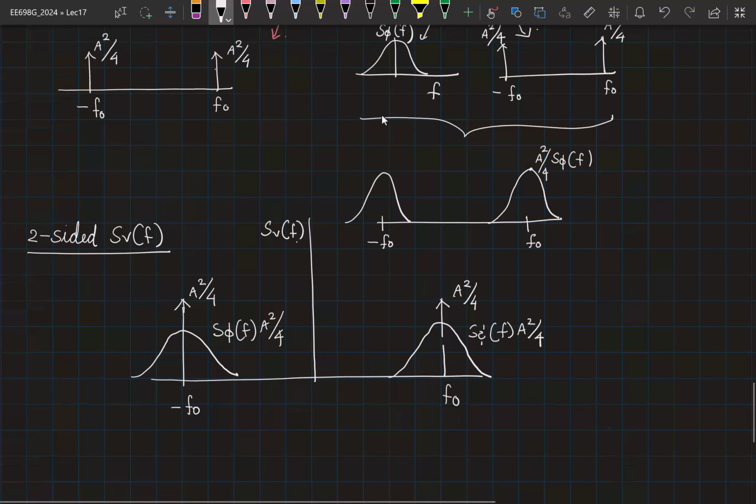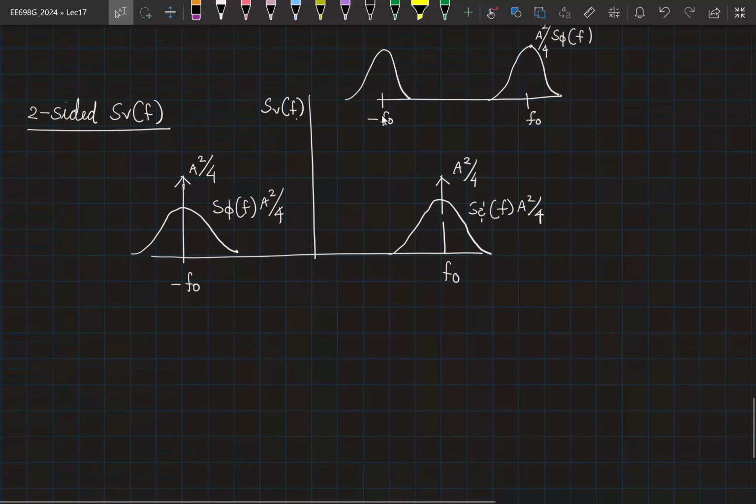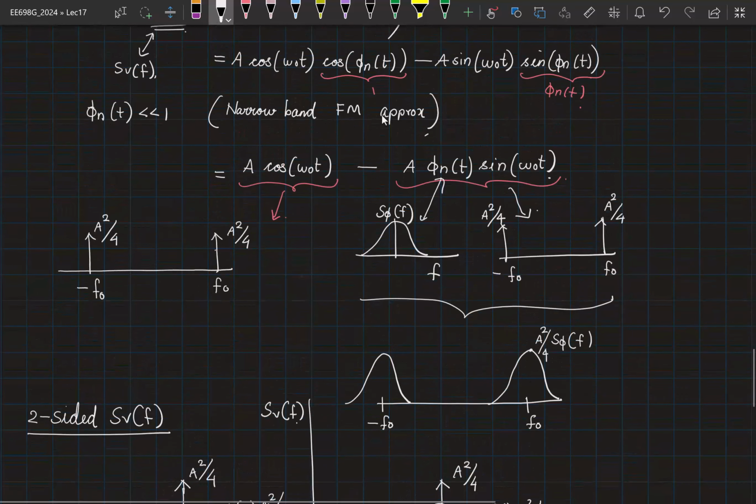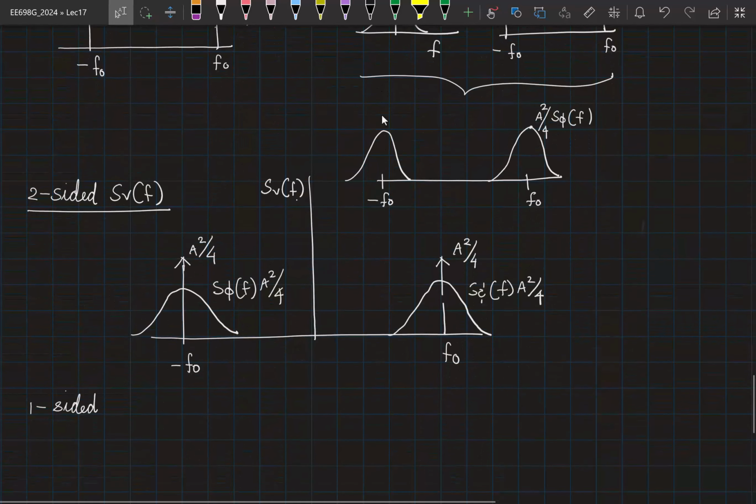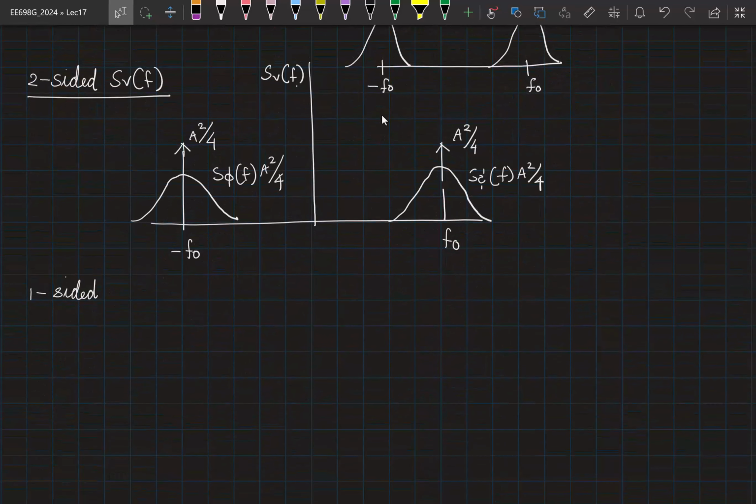I can also plot the one-sided SV of f. This is a PSD, therefore the two sides add in. How does the one-sided SV of f look?